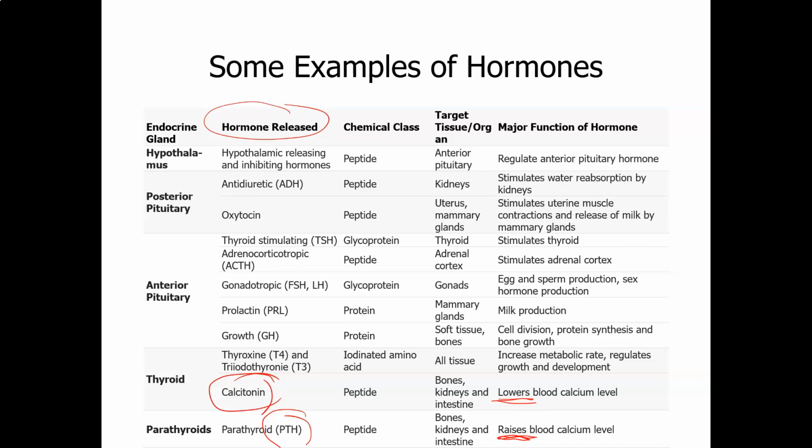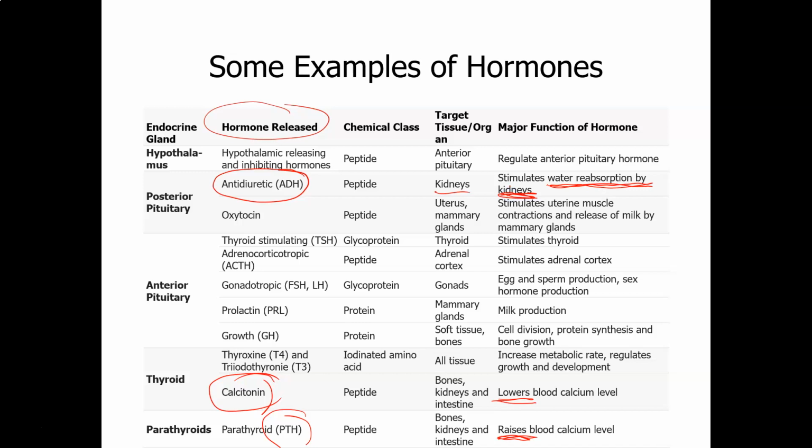Another one is antidiuretic hormone, which is released by the hypothalamus. Antidiuretic hormone acts on your kidneys, and it causes you to reabsorb water back into your blood. So in other words, when you urinate, you'll have a smaller volume or a lower volume of urine.